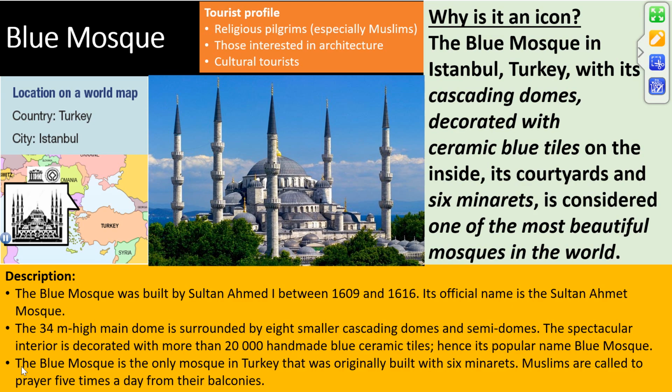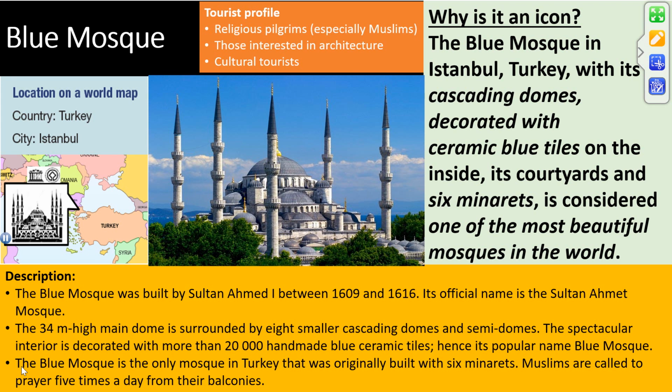The main dome is 34 meters high and is surrounded by 8 smaller domes and semi-domes. The inside of the mosque is decorated with over 20,000 handmade blue ceramic tiles, and that is where the name Blue Mosque has come from.